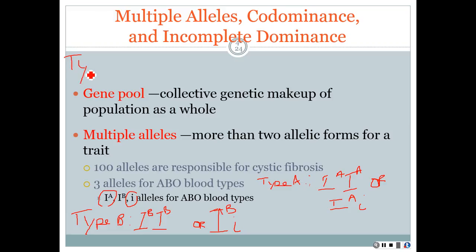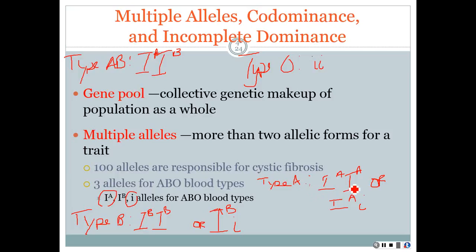If you have type AB blood, you have IA, that's an A, and IB. These are your alleles we're referring to. If you have a type O, what do you think type O would be? Type O, little i, little i. So these are your alleles for each blood type.